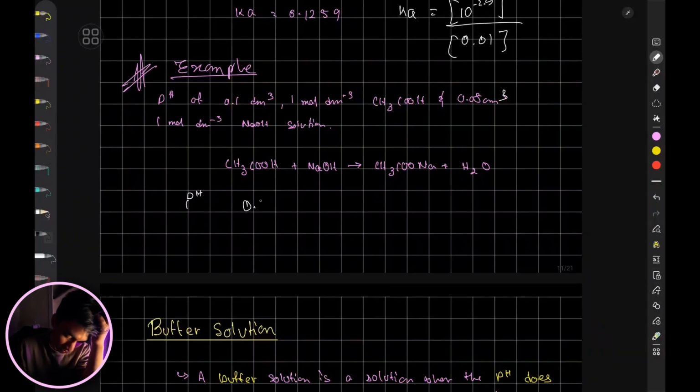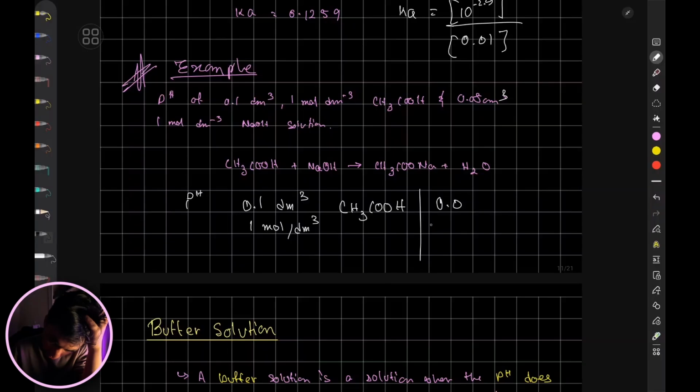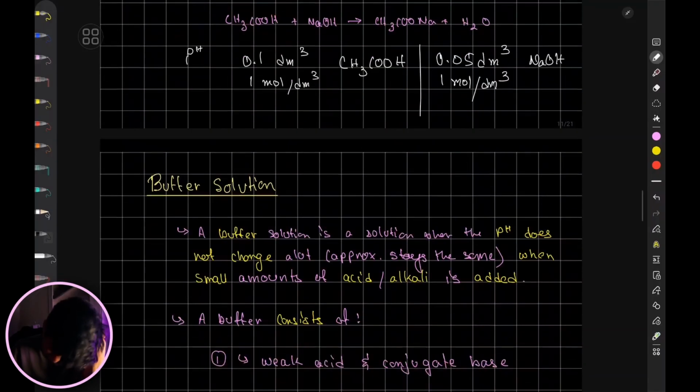I'll convert that to dm cube. Yeah, I'll just write it as dm cube: 0.05 dm cube and 1 mole per dm cube of NaOH solution.